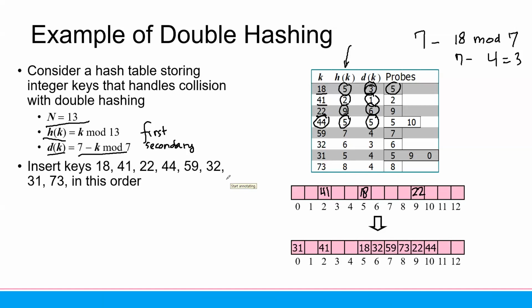It means in index 5 we cannot put the value. We need to find another index, so we will probe. What does it mean by probing? We cannot put it in 5, but we can put it in 10. How can we define this 10?